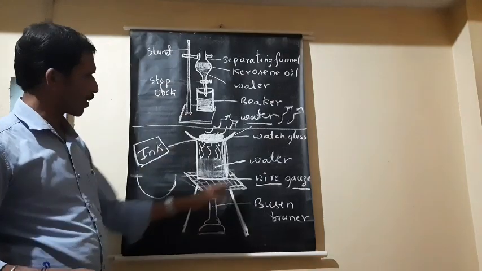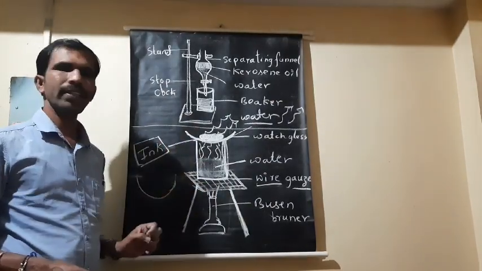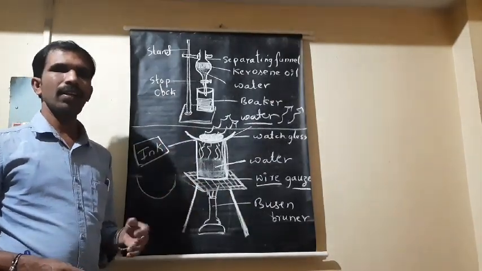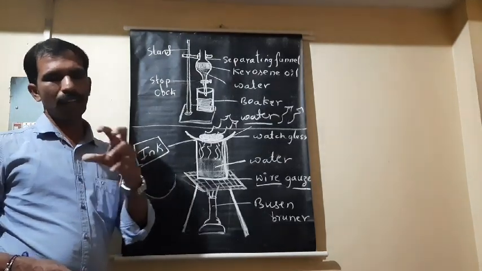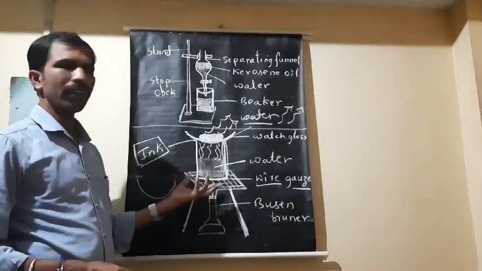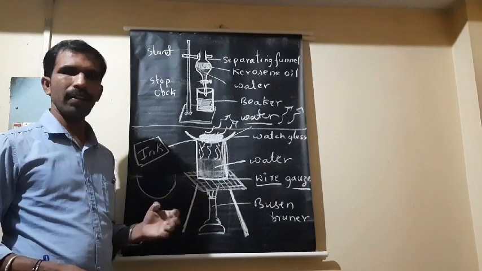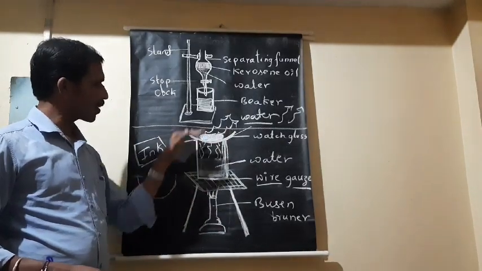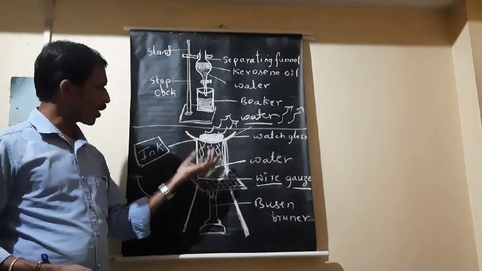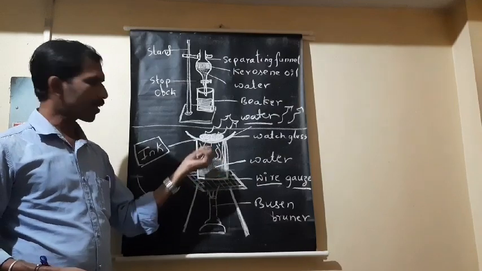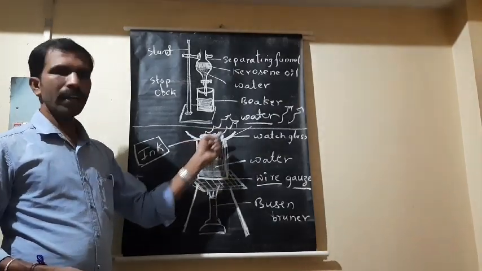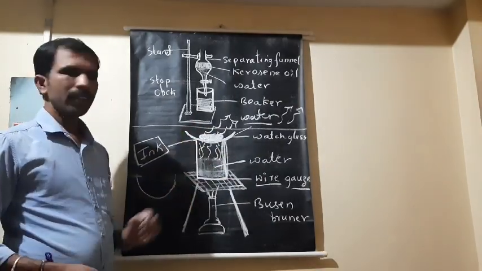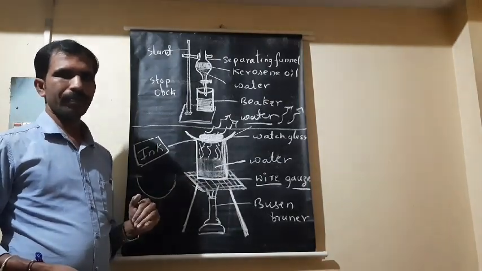Directly we cannot heat the ink because the components also decompose by the heat provided by the Bunsen burner. That's why the watch glass is placed on the beaker, so that the heat from the water is absorbed by the ink and water is evaporated and the color will be remaining over there.